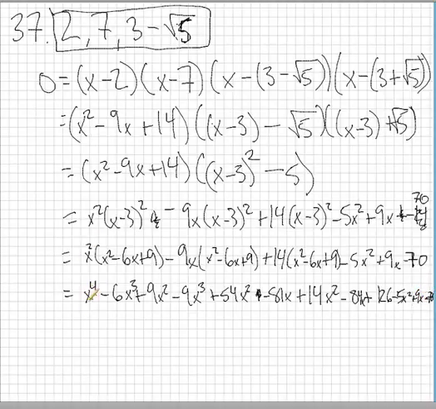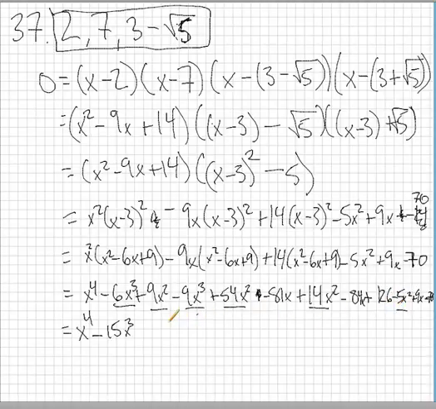And then you combine like terms. The first term is going to be x to the 4th, then x cubes, and then those are the only two x cubes, so it's going to be minus 15x cubed, and then the x squares.